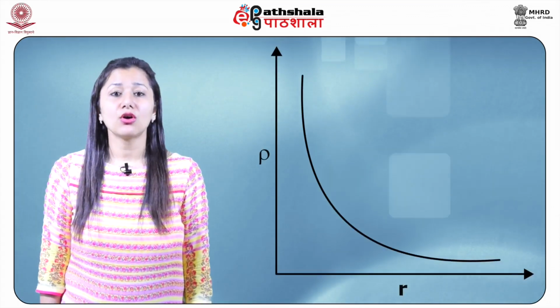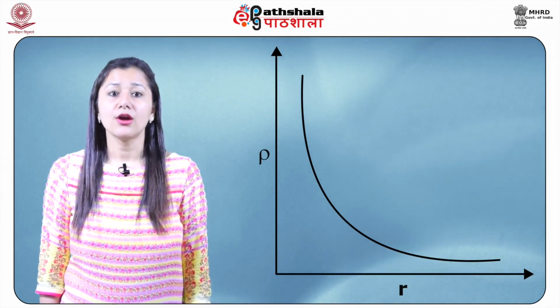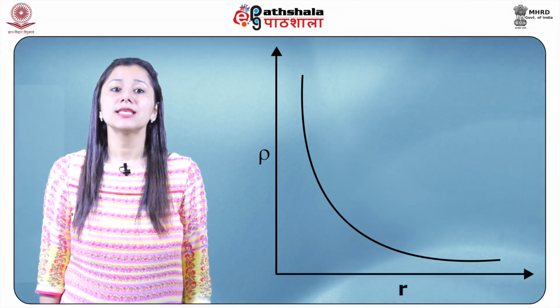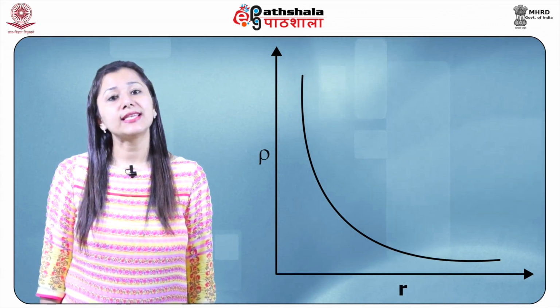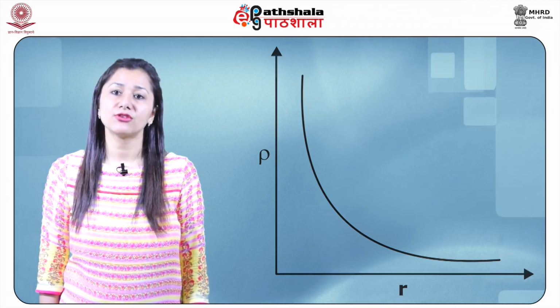This ionic cloud extends into the solution as the distance r increases. The variation of excess charge density as a function of distance r from the central ion occurs in an exponential way. This has been depicted in figure 3, which shows the variation of excess charge density ρ as a function of distance from the central ion.